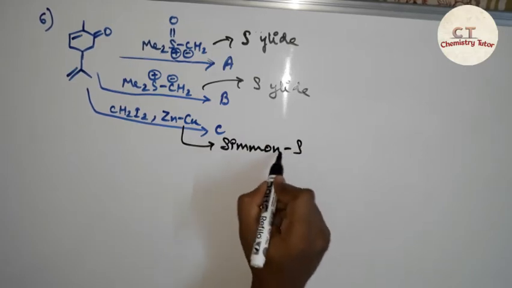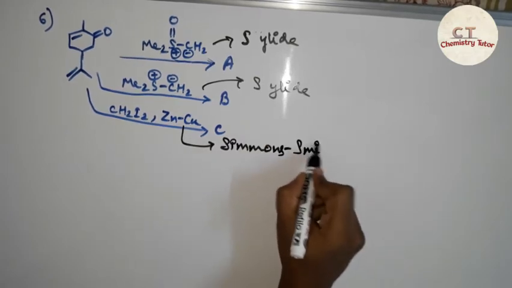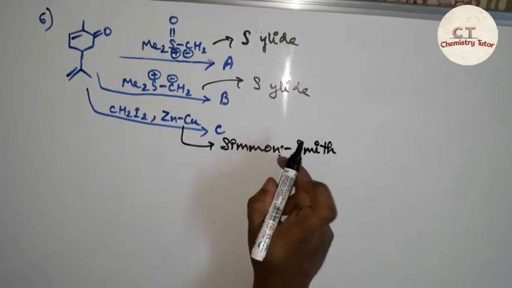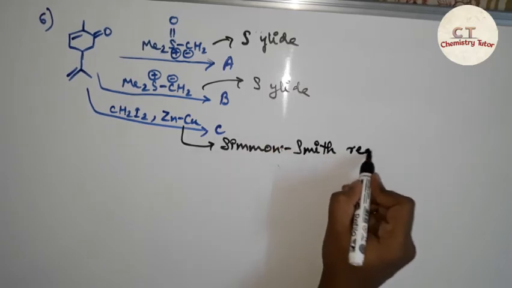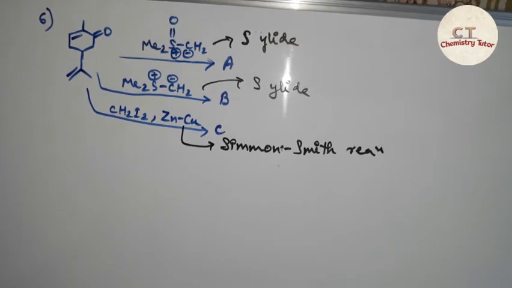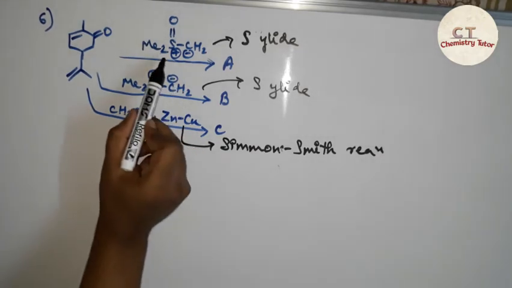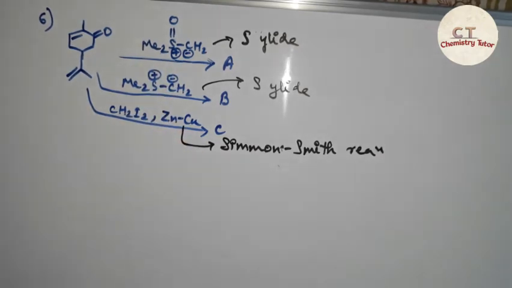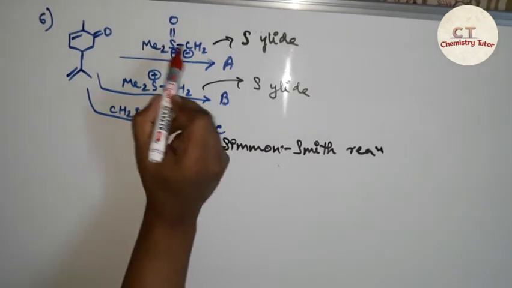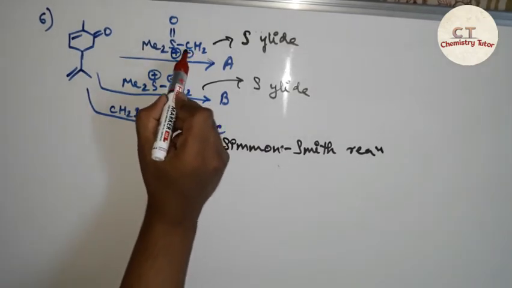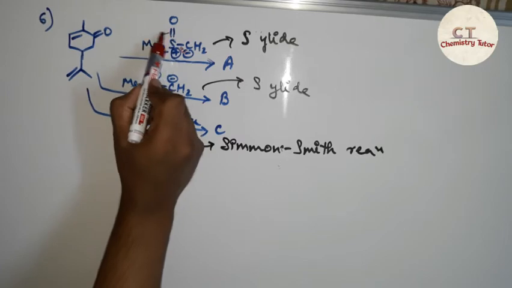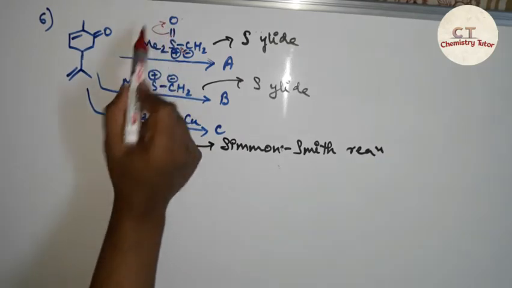reaction. Okay, Simmons-Smith reaction. Now in the first one, it is stabilized because the negative charge on the carbon atom can go here and the negative charge will be on the oxygen atom. So this one is stabilized.